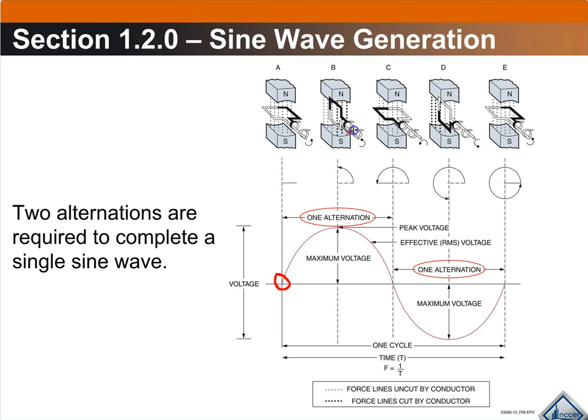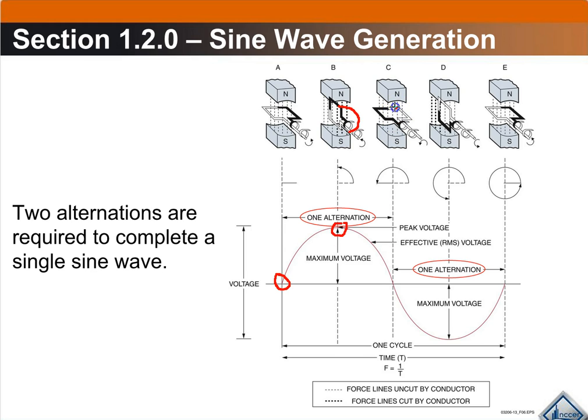As it begins to rotate up in this direction, those coils of wire begin to cut through those magnetic lines of force, and as they get to that 90-degree point, they're at the peak of current flow.